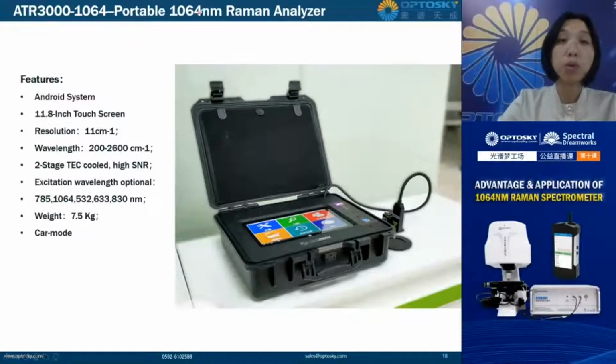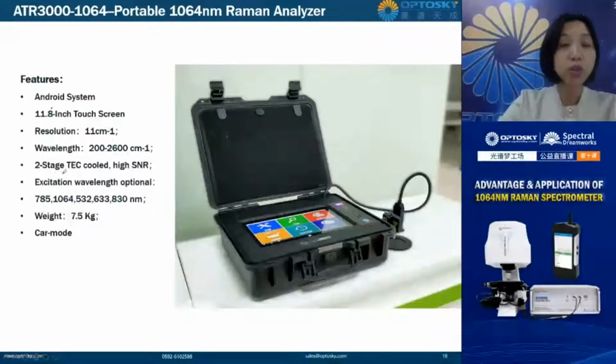And also we can have an ATR 301064 portable Raman analyzer. The feature is it uses the Android system. It has a 11.6 inch touch screen, and resolution is 11 centimeters, and the wavelength is 200 to 2600 centimeters.